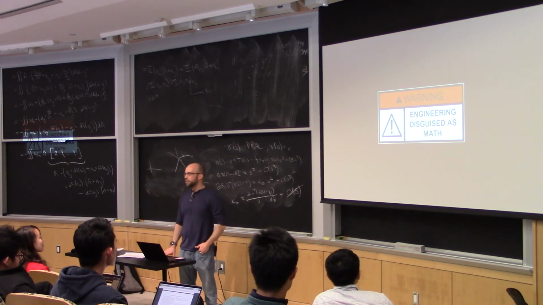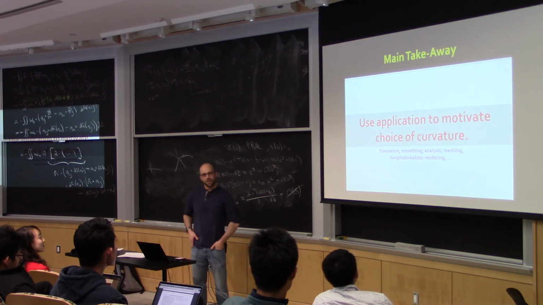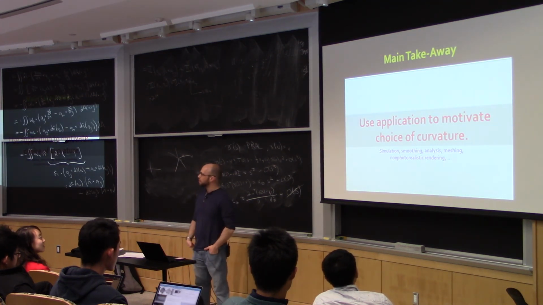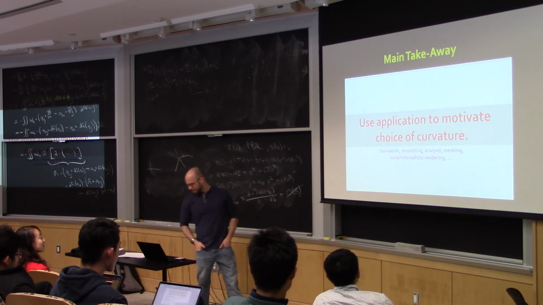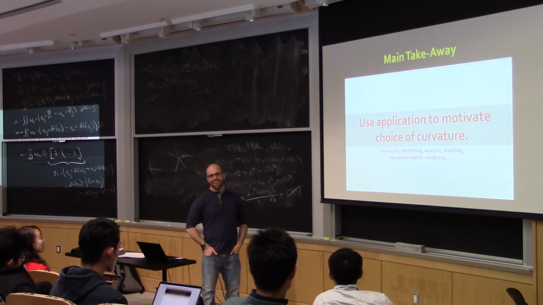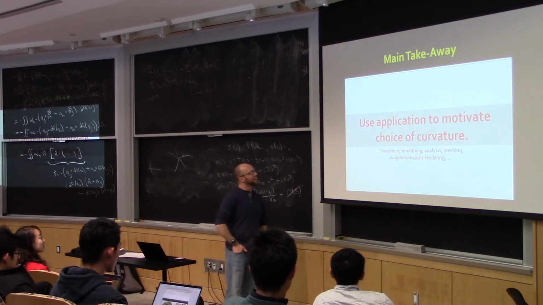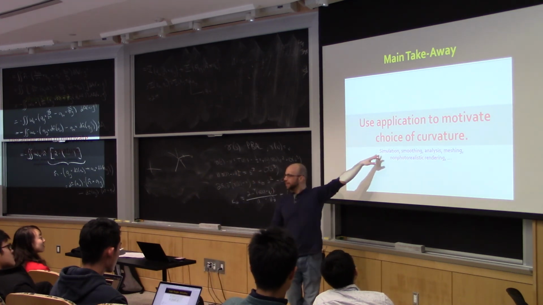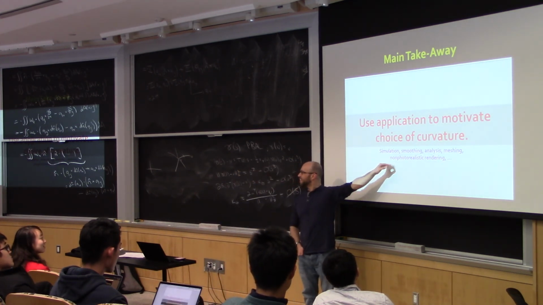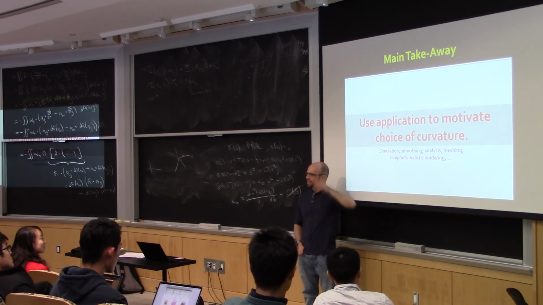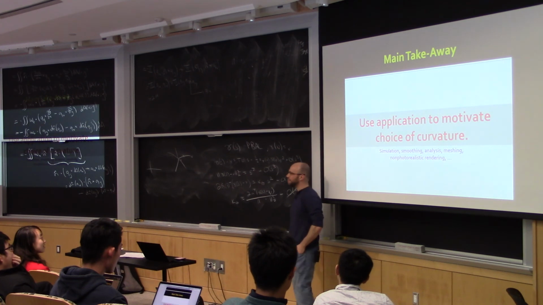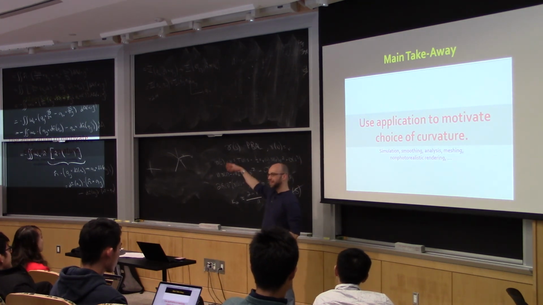And so the main takeaway so far, very similar to when we talked about curvature of discrete curves, is that you have an interesting opportunity here, which is to use the application to motivate what curvature you want to measure. Just like in the discrete curve case, we're going to find that you can't have curvature that preserves it all. We proved a bunch of properties, and we're going to show one more, which is the Gauss-Bonnet theorem.